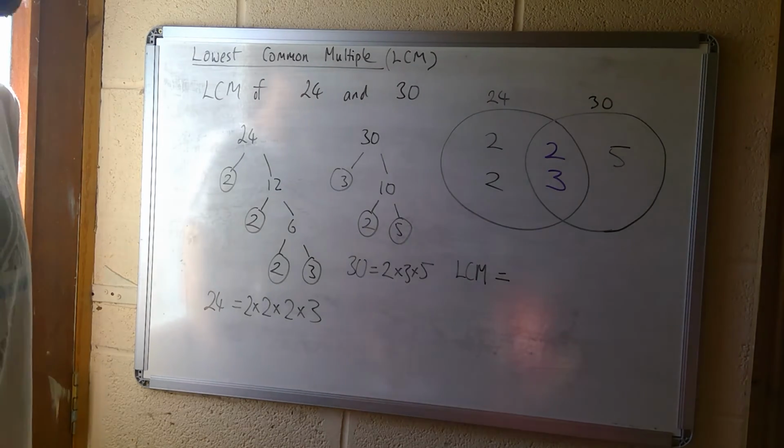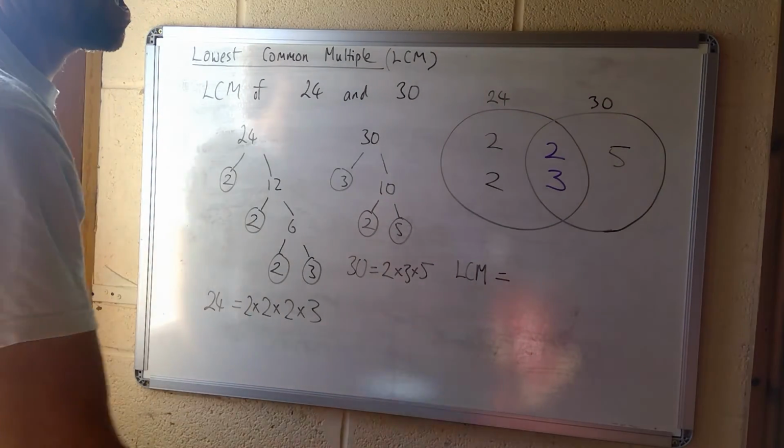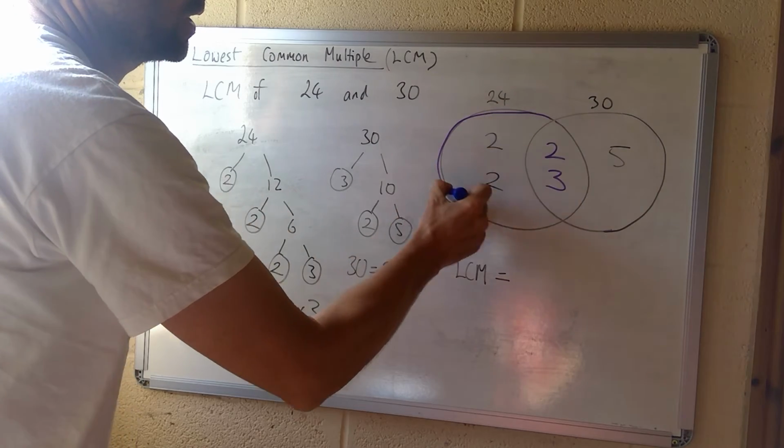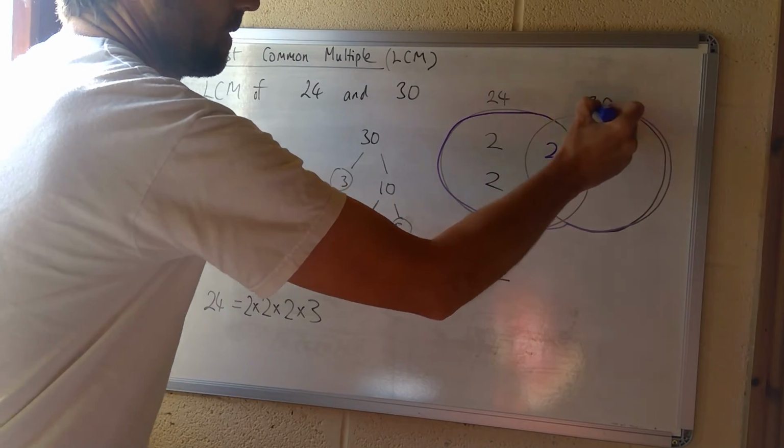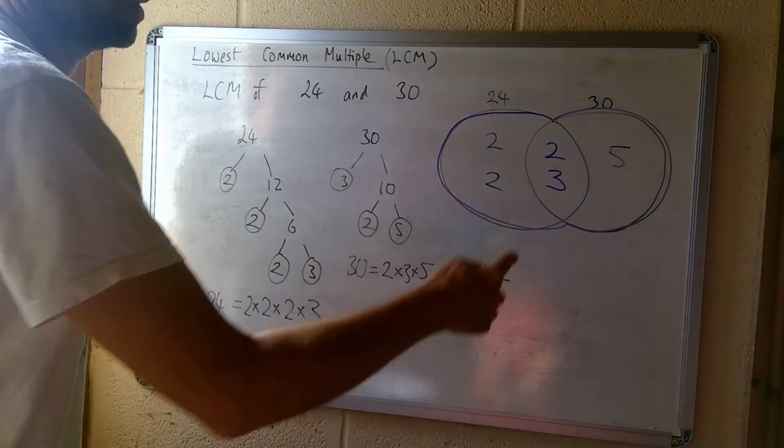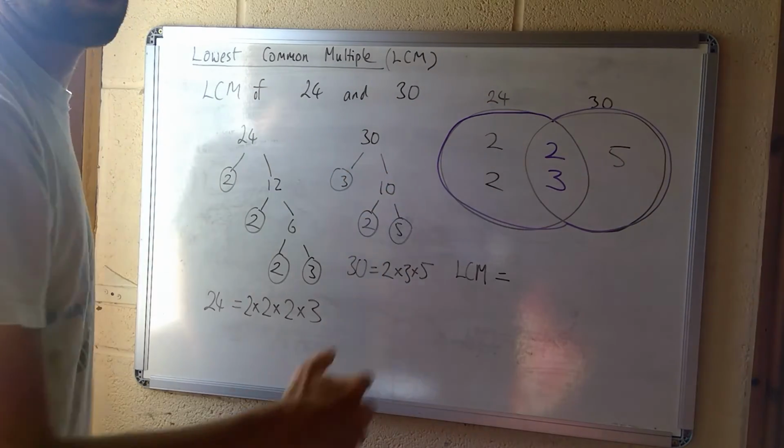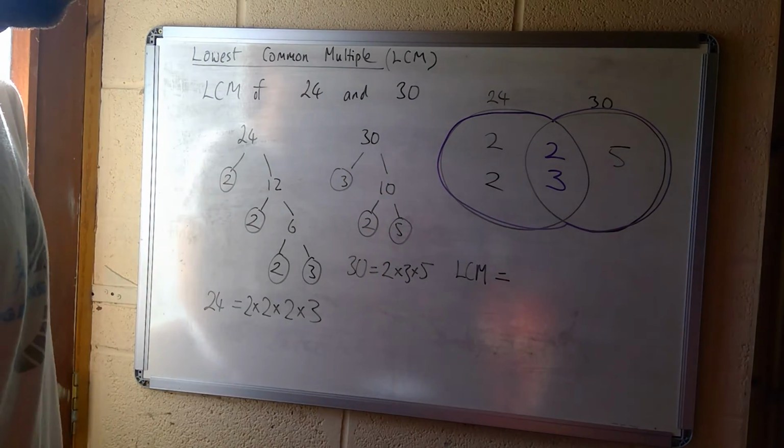To find the lowest common multiple, what I have to do is multiply all these numbers together. So all the numbers that are in the Venn diagram together. I don't repeat any, I just multiply them all together.